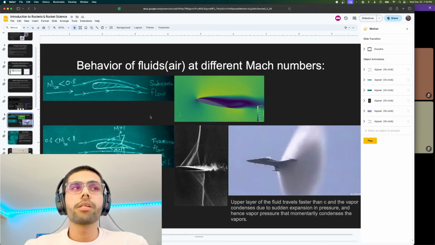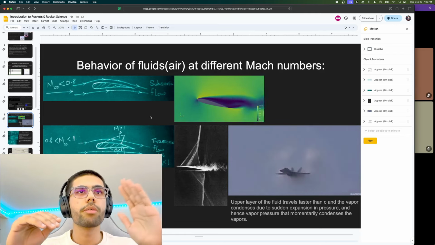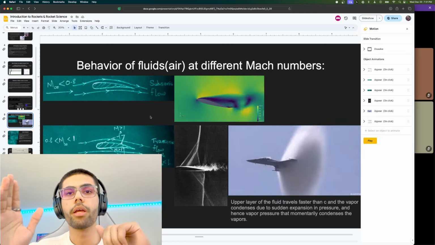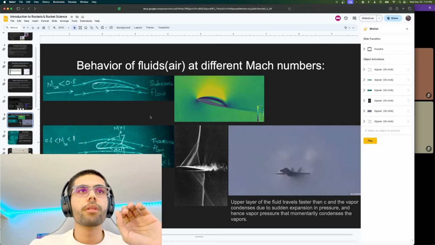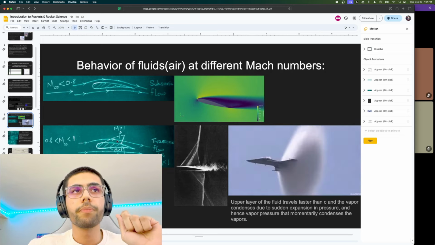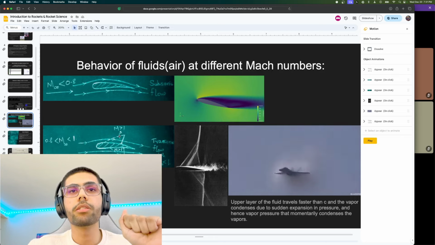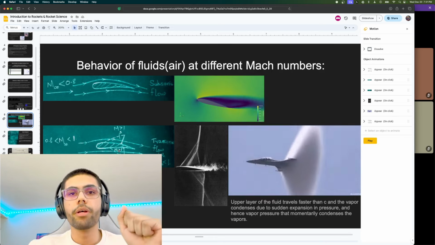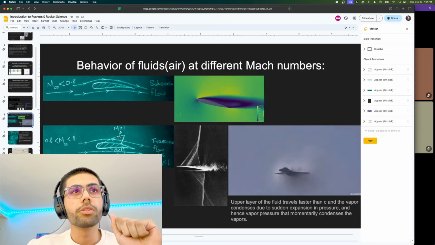But as soon as the speed increases from subsonic to transonic, that is less than Mach 1 but greater than Mach 0.8, the flow above the airfoil could actually reach speeds greater than Mach 1, and in fact below as well.